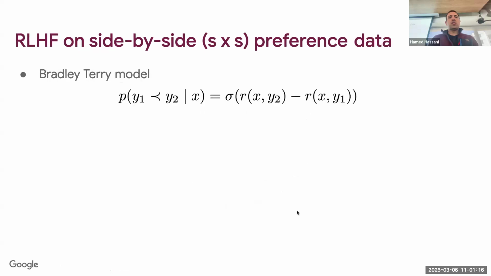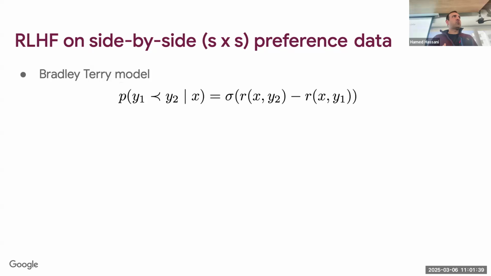So the Bradley-Terry model determines the probability that some response y2, which is like one of the jokes, is preferred over response y1, which is another joke, as just the sigmoid function of the difference between the rewards associated with these two responses. So that's basically the model.